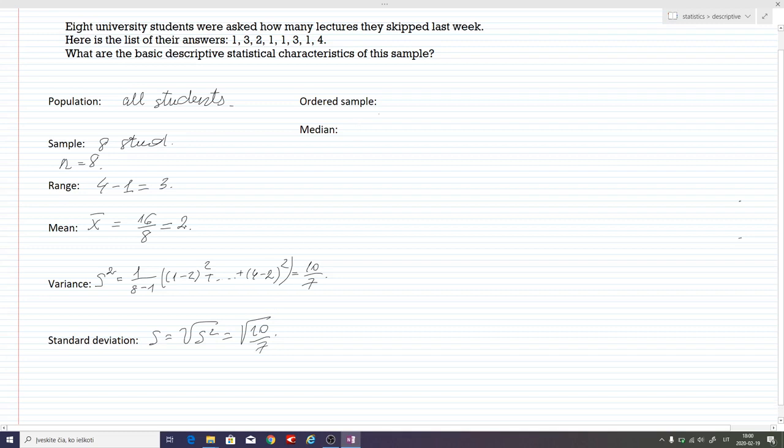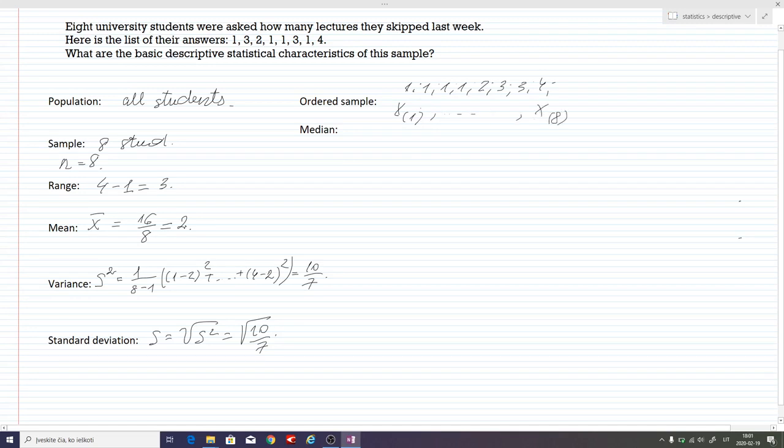To get the median of the sample, we first have to order the sample from the smallest value to the largest one. The mathematical notation of this is as we show.